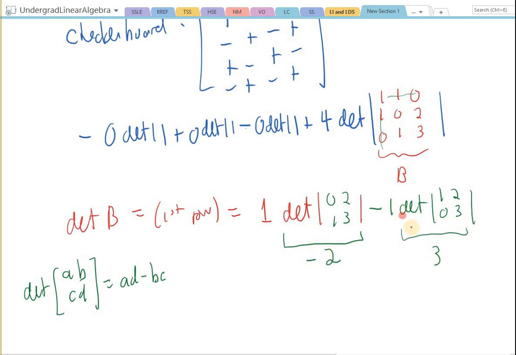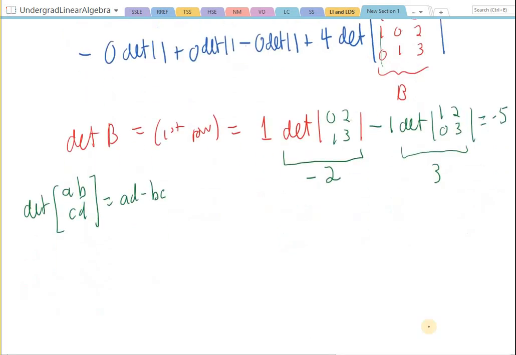So I have minus 2 minus 3. So that's going to give me minus 5. Okay. So the determinant of B is minus 5. So the determinant of A, if I go back up here, is 4 times the determinant of B. It's 4 times minus 5, which is equal to minus 20.